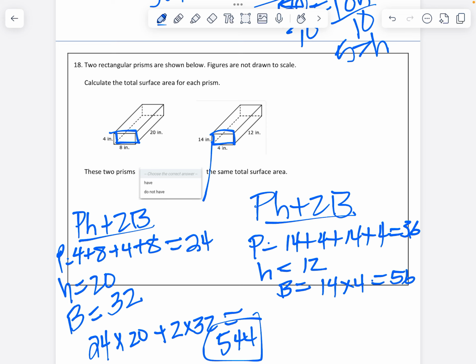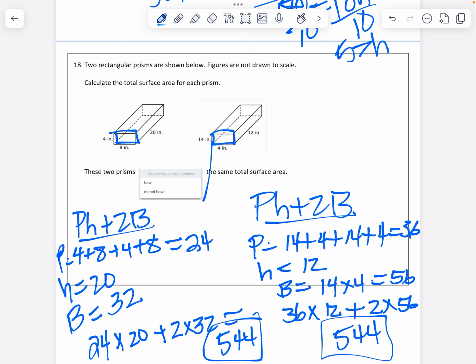And then we can plug in for this. So the P is going to be 36. So 36 times 12 plus 2 times 56. And we get 544. So they are in fact the same. So they have the same total surface area.